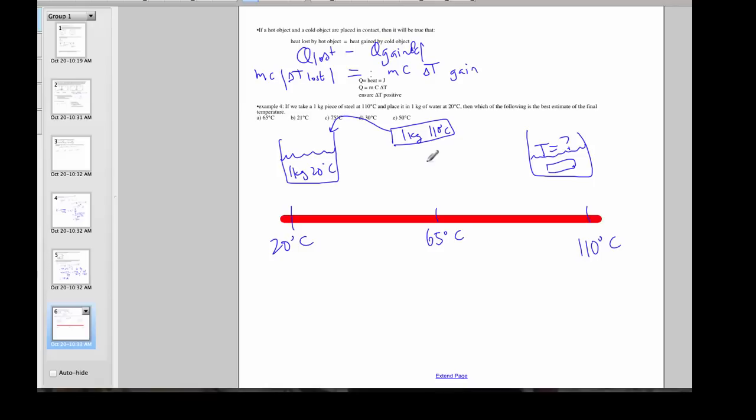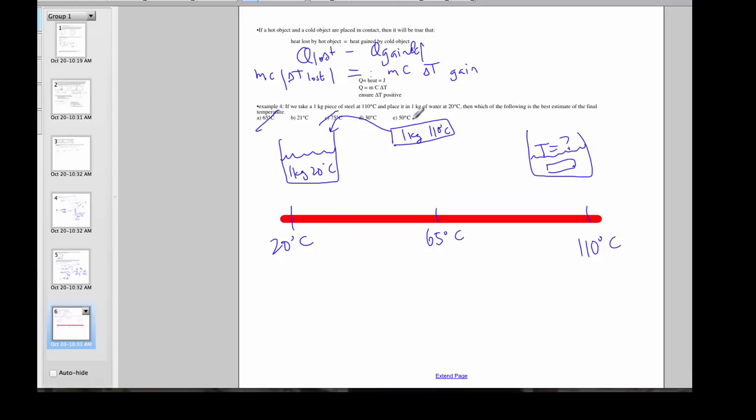But then we remember that it's not as easy to warm up water as it is steel, so the water tends not to change very much in temperature. So we can probably reject the 65 degrees. In fact, the water is not going to change by anywhere near as much as the steel does, so it's going to be down here on this side somewhere. That enables us to reject choice C.